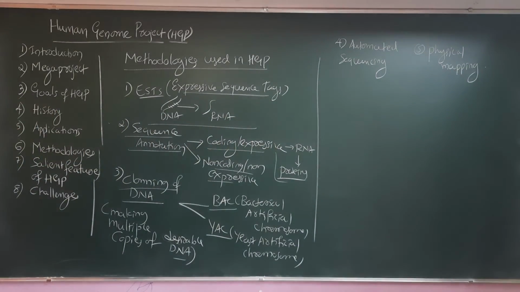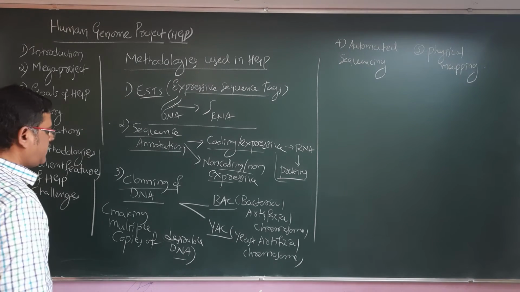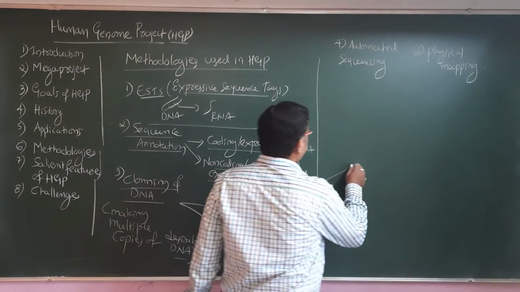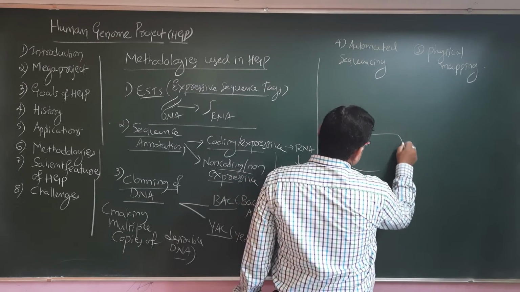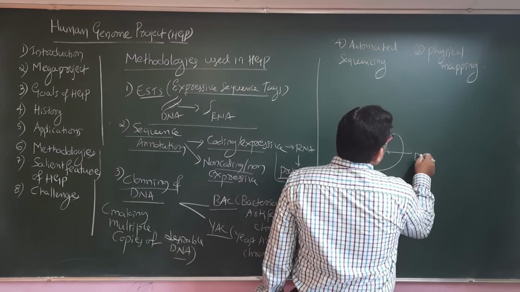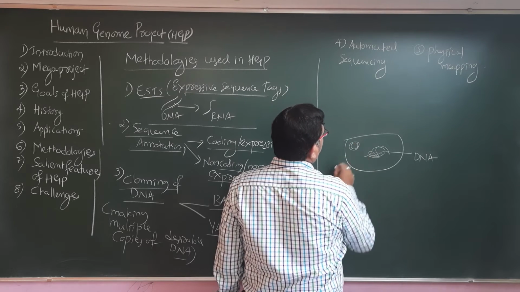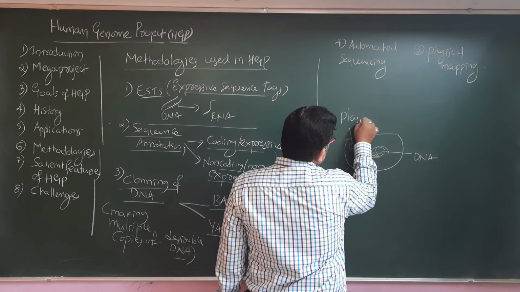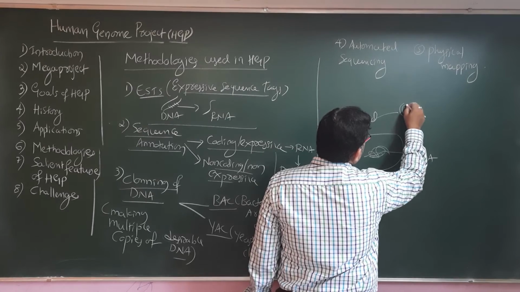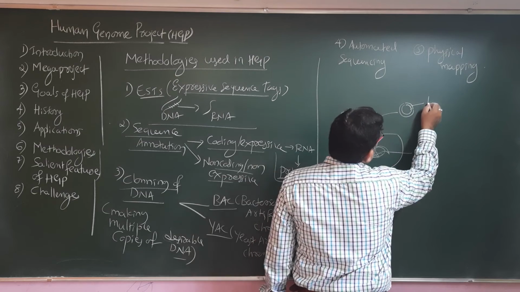So we have discussed the most important one, cloning of the DNA. Imagine here is a bacterial cell, and it has its own genomic DNA. The bacteria also have circular DNA, which we call a plasmid. You take this plasmid, open it up using the restriction endonuclease, and insert the human DNA.